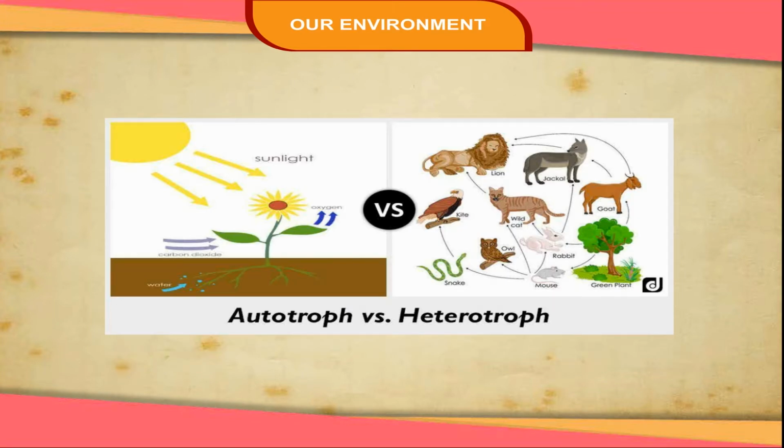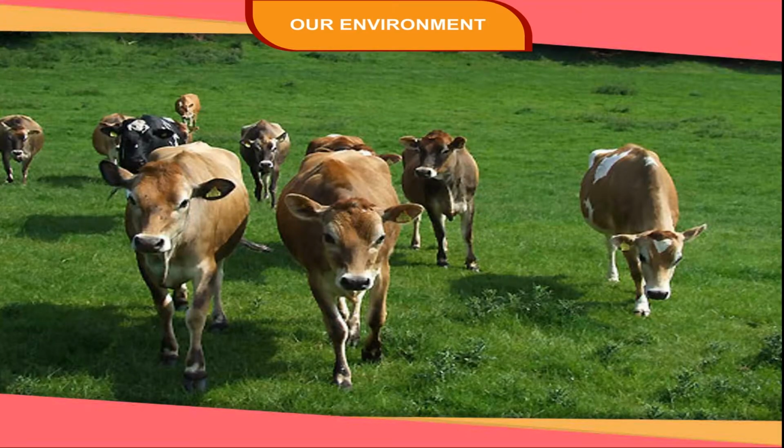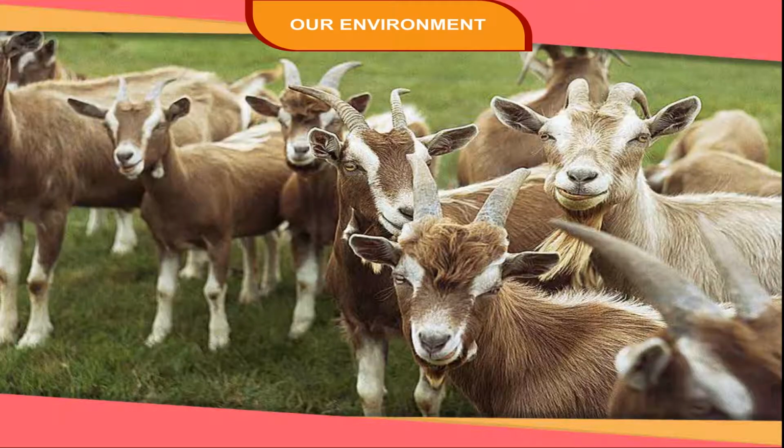consumers such as animals and human beings. They depend on other plants and animals for their food. Almost all the animals are heterotrophs. The consumers can be divided into three categories: the herbivorous, the carnivorous, and the omnivorous. The herbivorous are the plant eaters such as cows, goats, and other such animals.